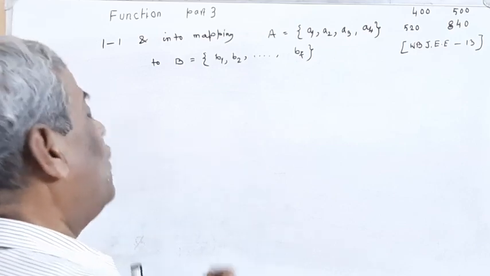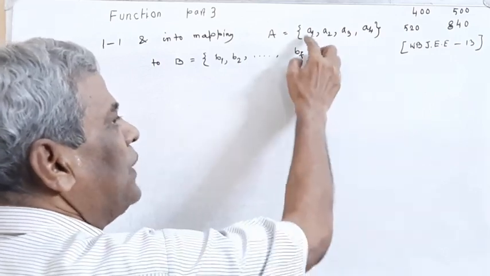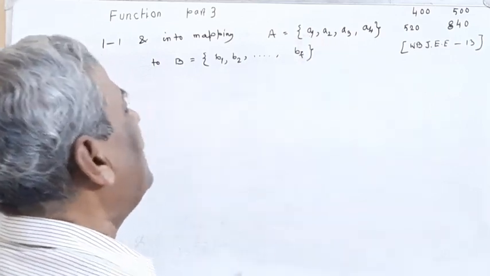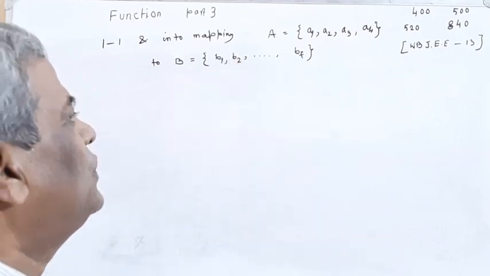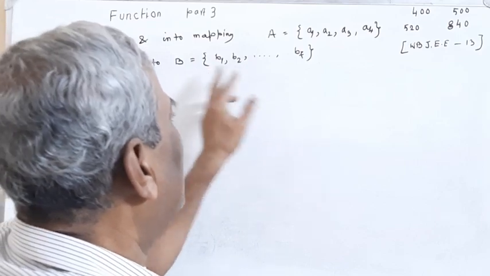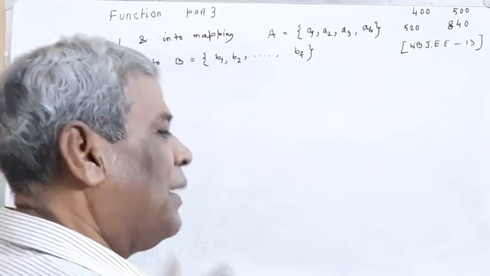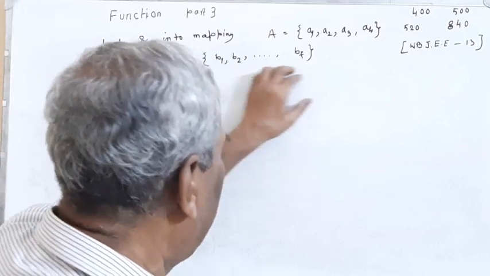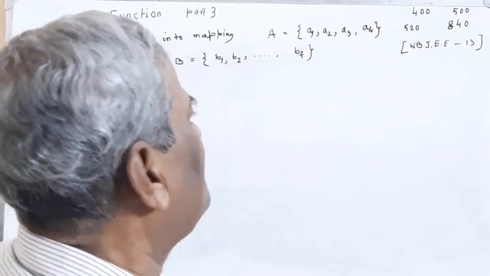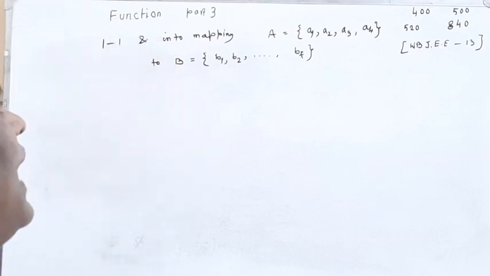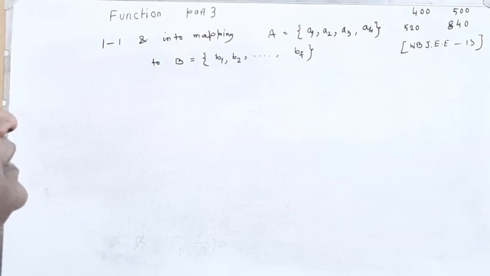How many one-one and into mappings. One-one means one versus one, and into mapping means some may not be used here. But all mapping will be within that. So, how many such are possible?